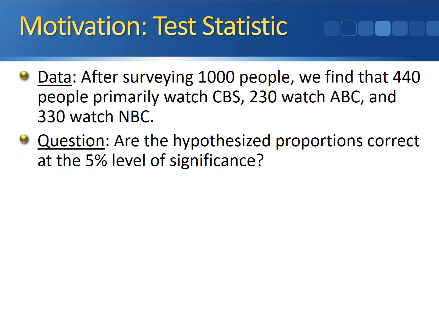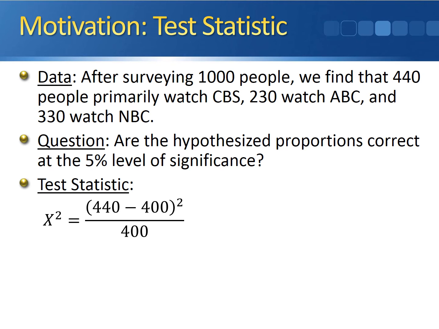Now that we have the expected counts as well as the actual counts, we can calculate the test statistic. The test statistic, again, follows a chi-squared distribution, and is calculated by taking the observed count minus the expected count, squared, divided by the expected count, and summing these results for each individual category. Our first term involving CBS is going to be 440 minus 400, difference squared, divided by 400.